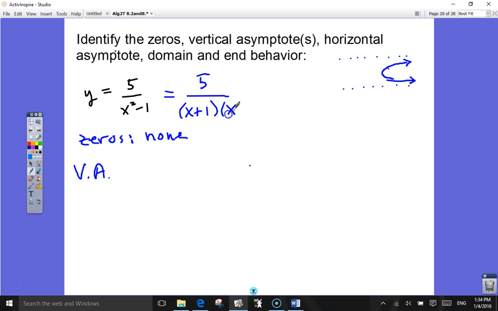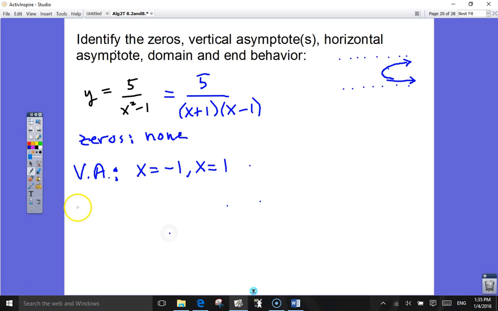It's a difference of squares. So the vertical asymptotes are x equals the zeros of the denominator. What are those two lines? x equals -1, x equals 1. You can't just say 1 and -1. If you don't have x equals, it's not a vertical line. So you have to include that.